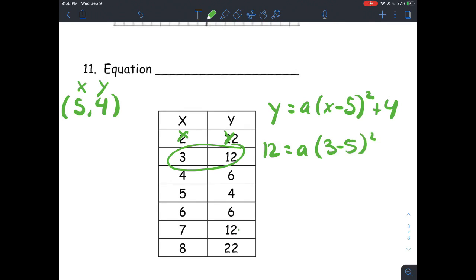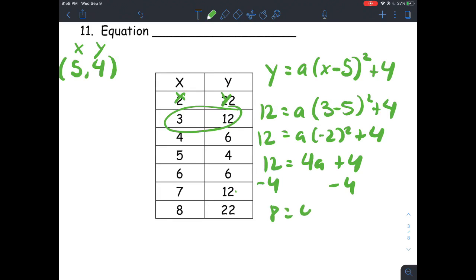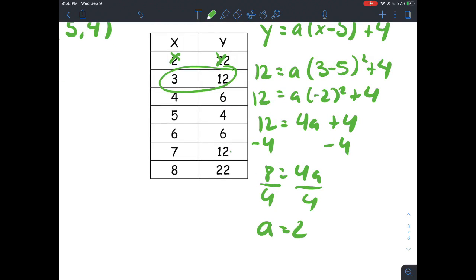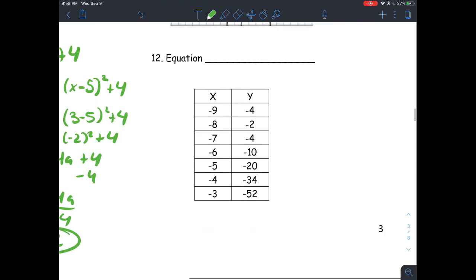I'm going to plug in 12 equals a times (3 minus 5) squared plus 4. 3 minus 5 is negative 2, so then I end up with 12 equals 4a plus 4. I'm going to minus 4, and I get 8 equals 4a, divided by 4, a equals 2. So I've got my a, so now I just do y equals 2 times (x minus 5) squared plus 4.